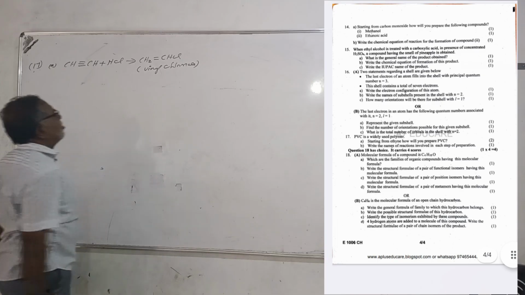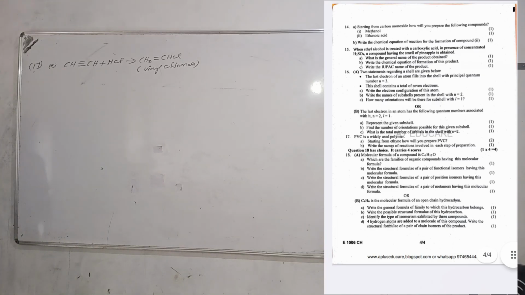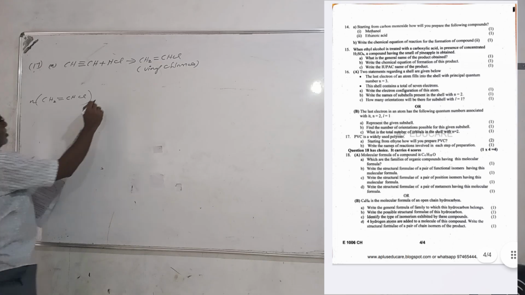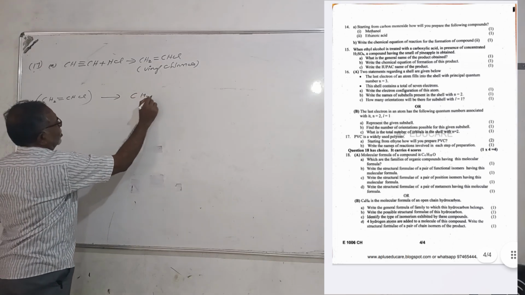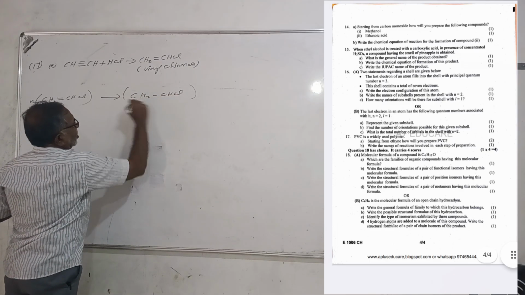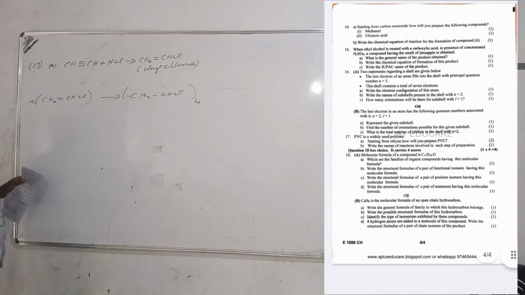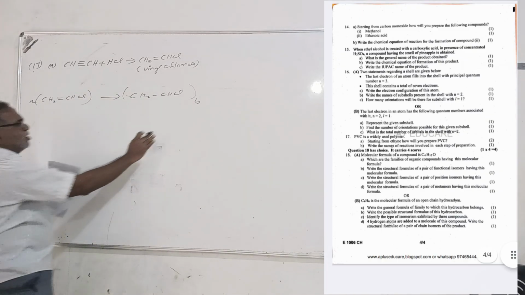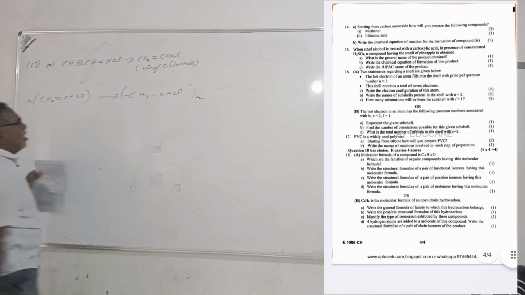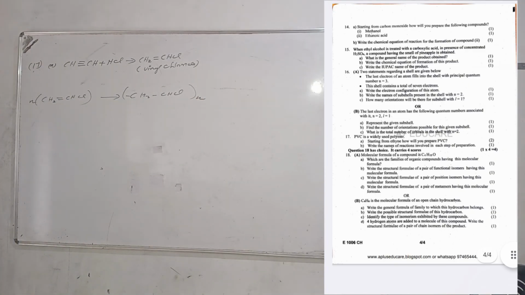When n molecules of CH2 double bond CHCl are polymerized, we get polyvinyl chloride. This is called PVC. When vinyl chloride polymerizes, we get polyvinyl chloride or PVC.